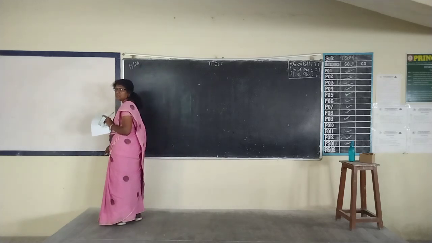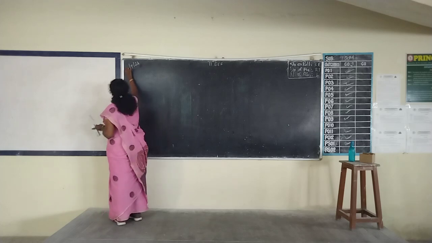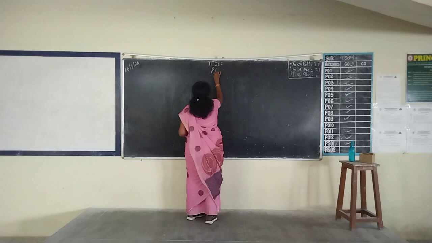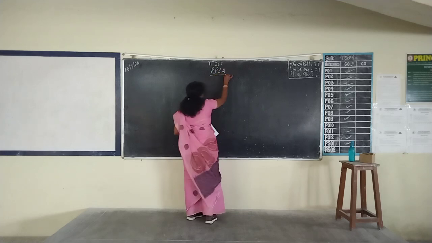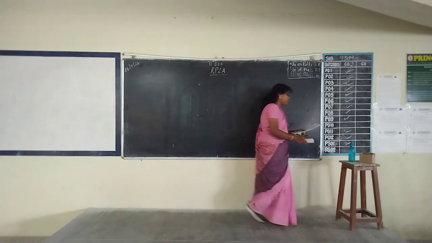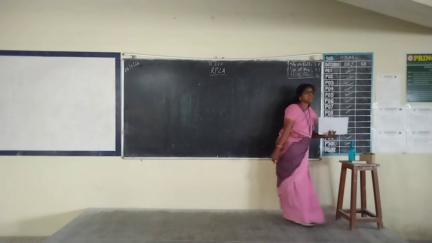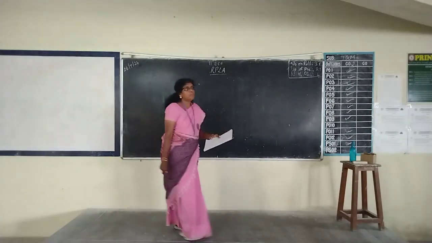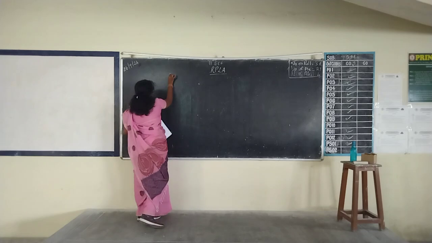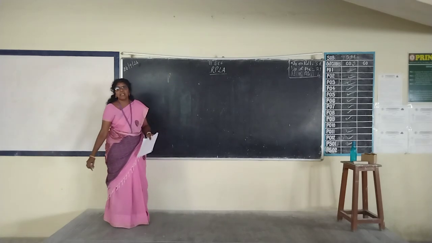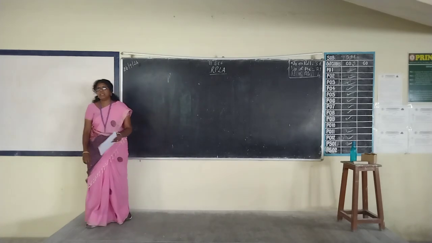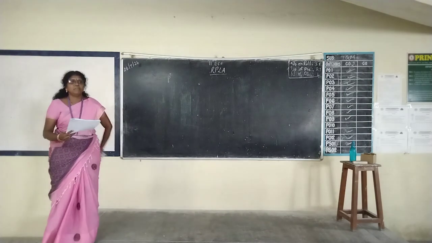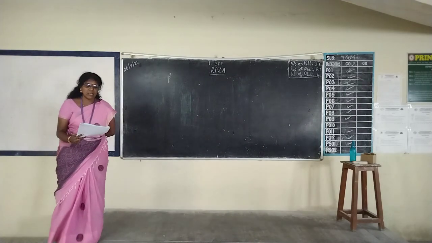Let V be a vector space over F, where F is nothing but our field. And let beta be a finite subset of V.